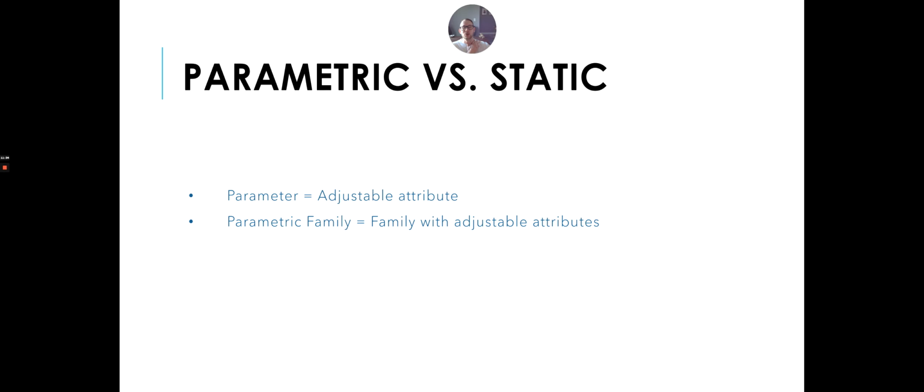It's up to whoever created that family to decide how many parameters that family has. And so you're at the mercy of whoever created the families. And so your goal is to find parametric families to load into your projects, because most likely those will work better for you than just the static ones you'll find. So I'll show you some examples of that.